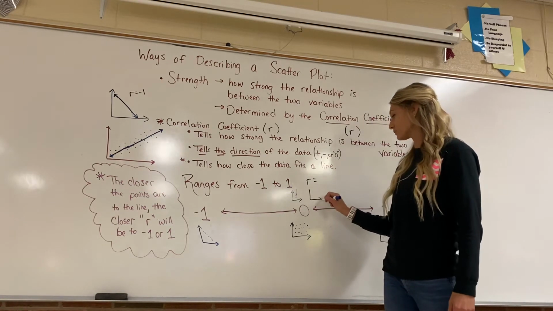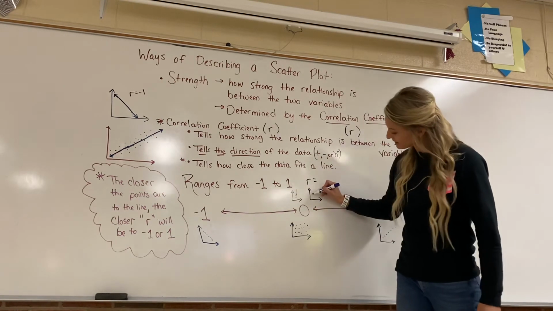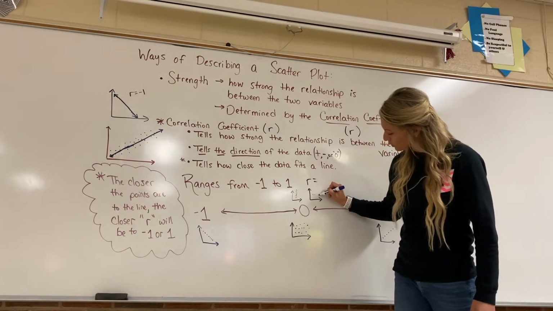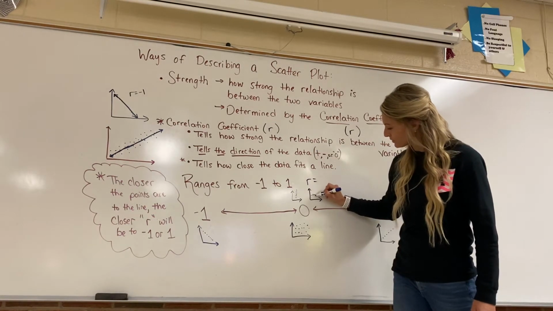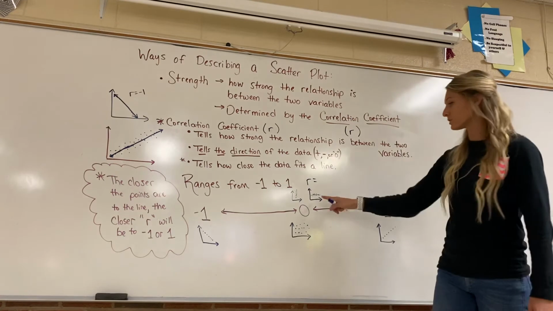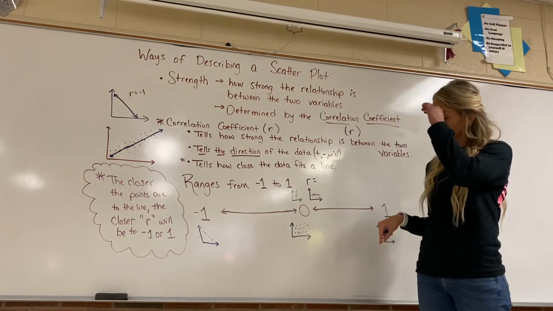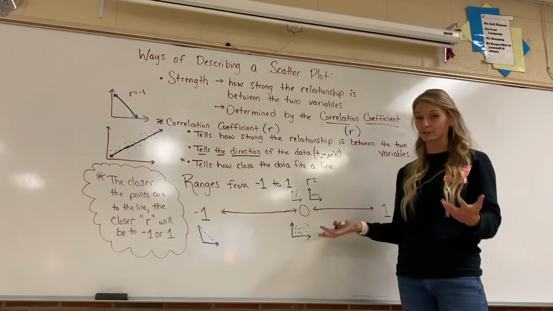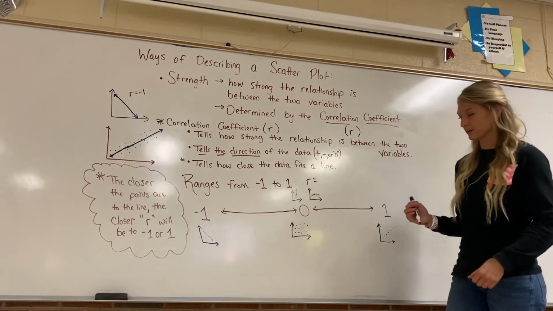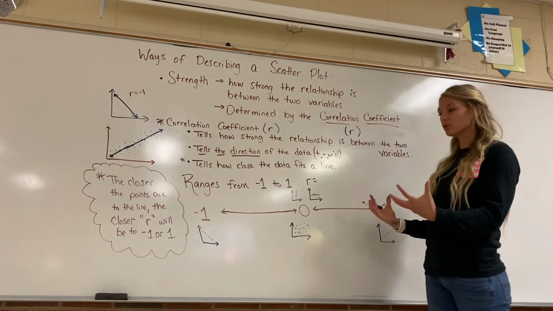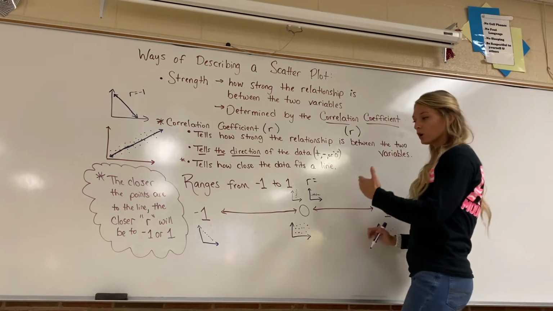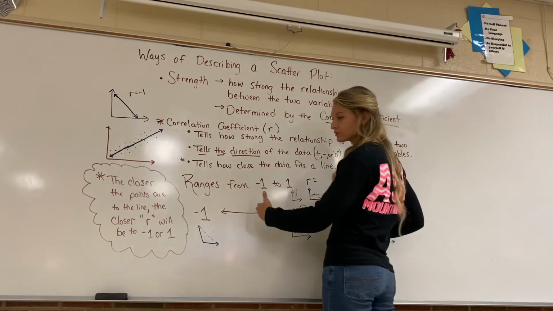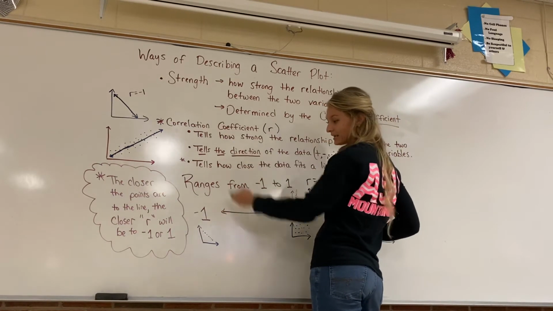And then the other one would be if you graph it and it kind of forms a horizontal line. So I hope you guys can see this. If it forms a horizontal line when you graph your points, then the correlation coefficient would be 0 there too, okay?